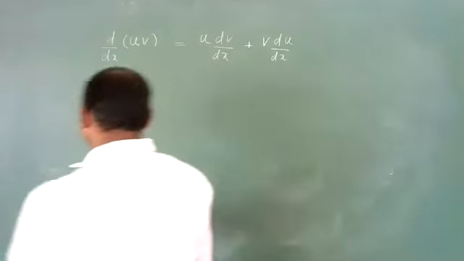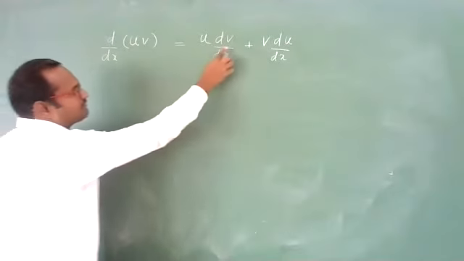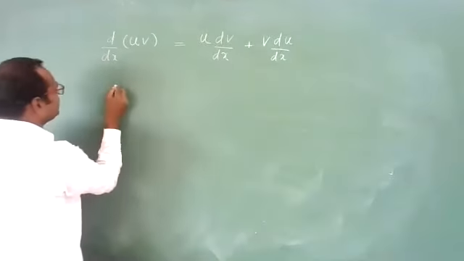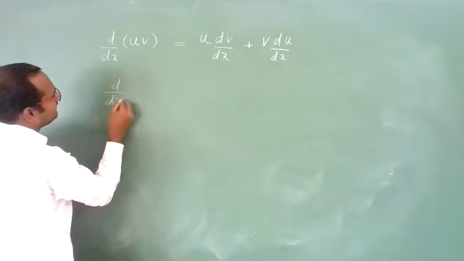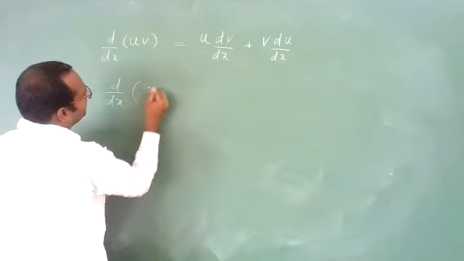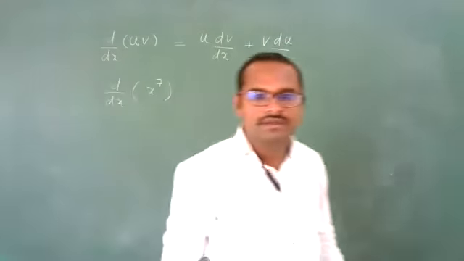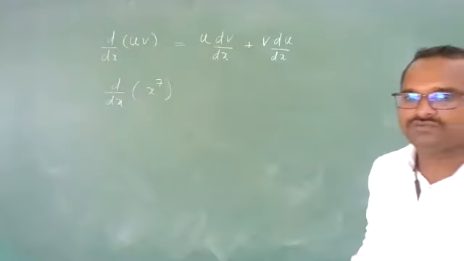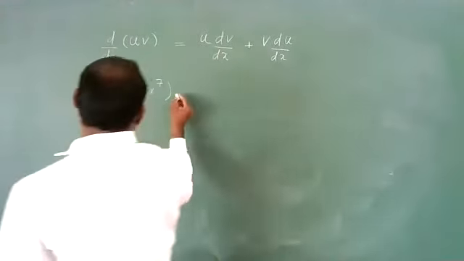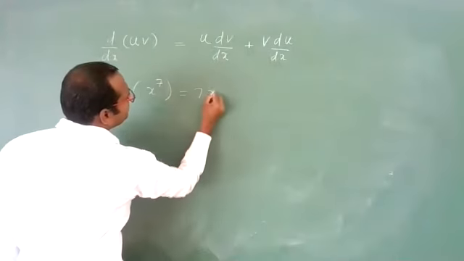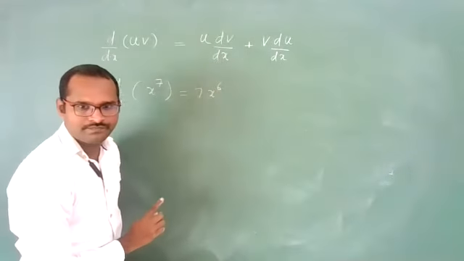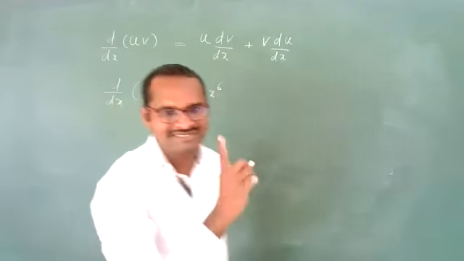For suppose students, with this method, I'll give you one example. For example, if you want to find d by dx of x power 7, what you will get, Mana? Yes, you will get 7 into x power 6. You will get 7x power 6.